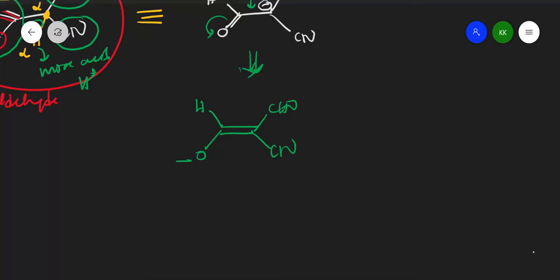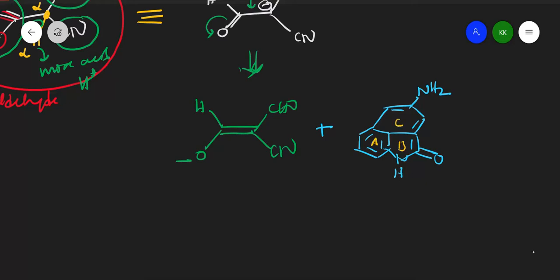To this I will add one more molecule. The molecule is this one. This is nothing but our indole, but I will modify the indole like this. Other things remain as it is, and here I will take NH2. So what does it mean? Here I have the rings A, B and C initially constructed.